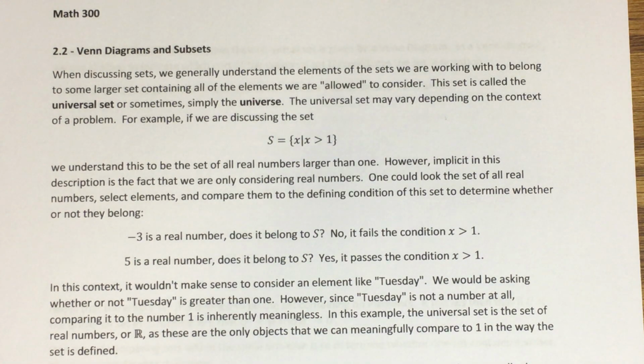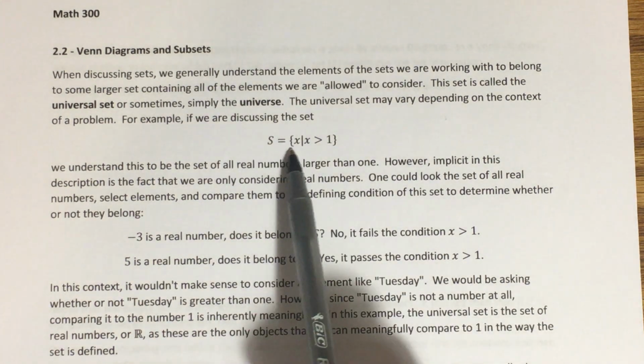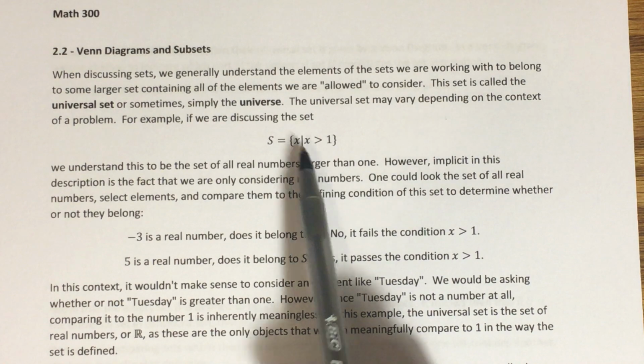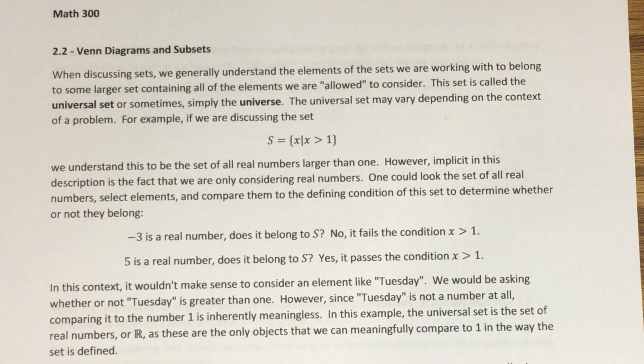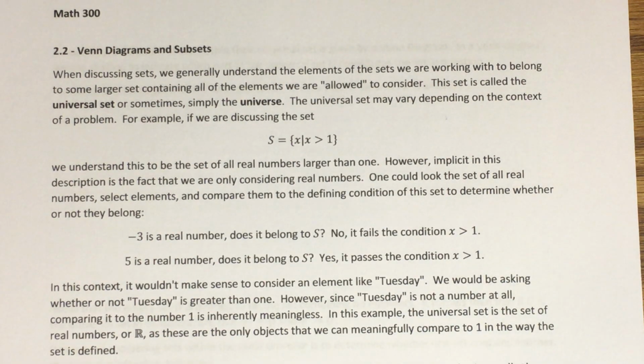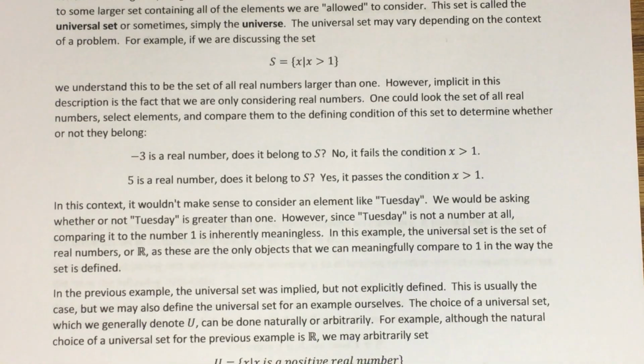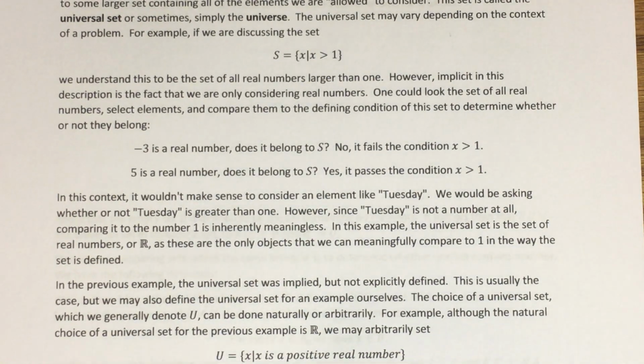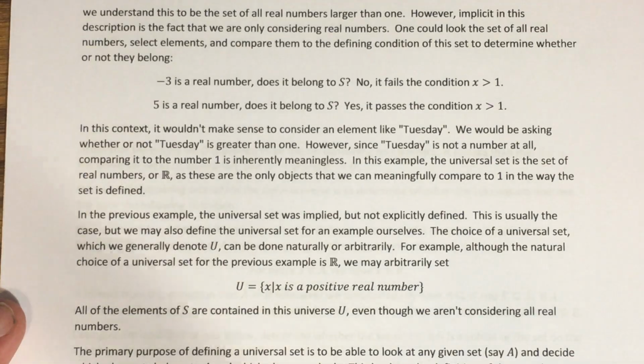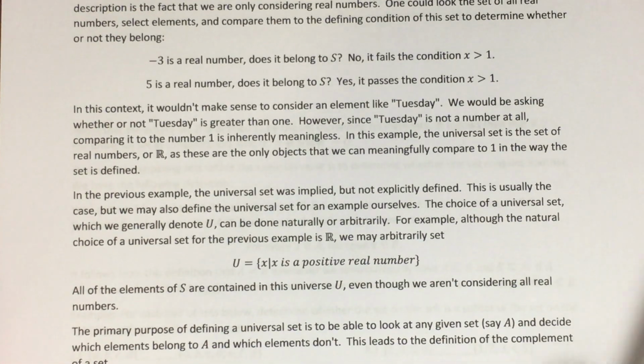It's just kind of natural to assume that the real numbers are the universal set. It's the set that these objects ultimately belong to. But that can be very difficult to decide, what is the natural choice for a universal set. So throughout this section, we're going to be defining the universal set for you, for those comparison purposes.